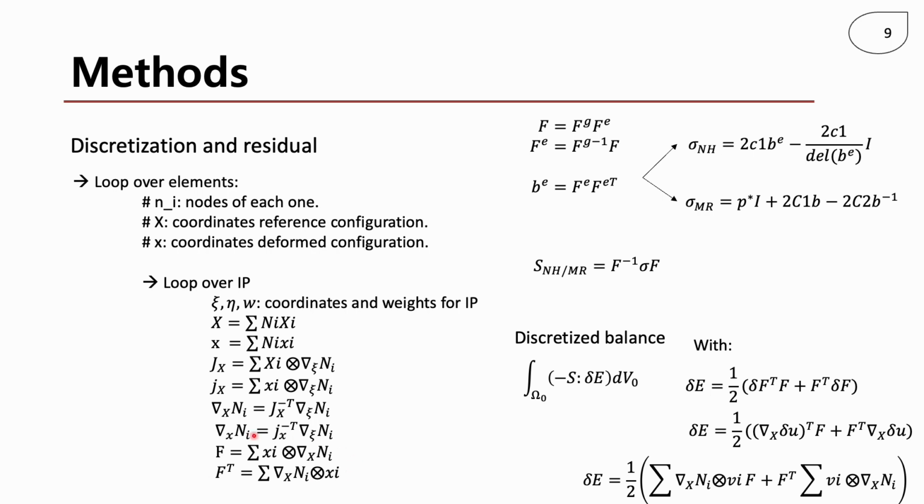Here we also discretize the deformation gradient and its transpose. So for analyzing growth in this material, we have to decompose the deformation gradient into its growth and elastic components.